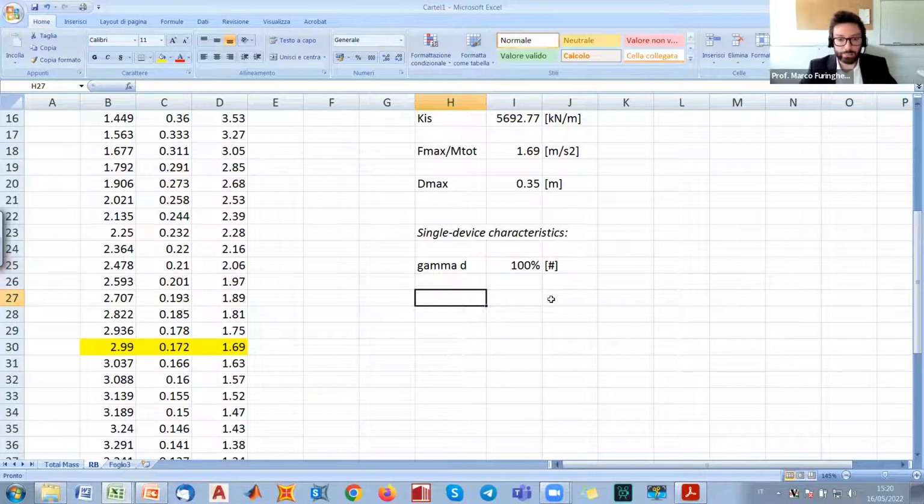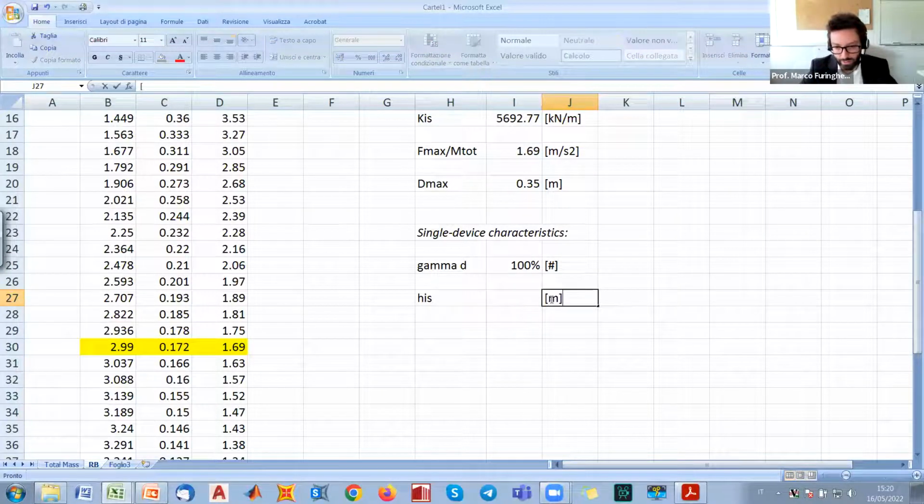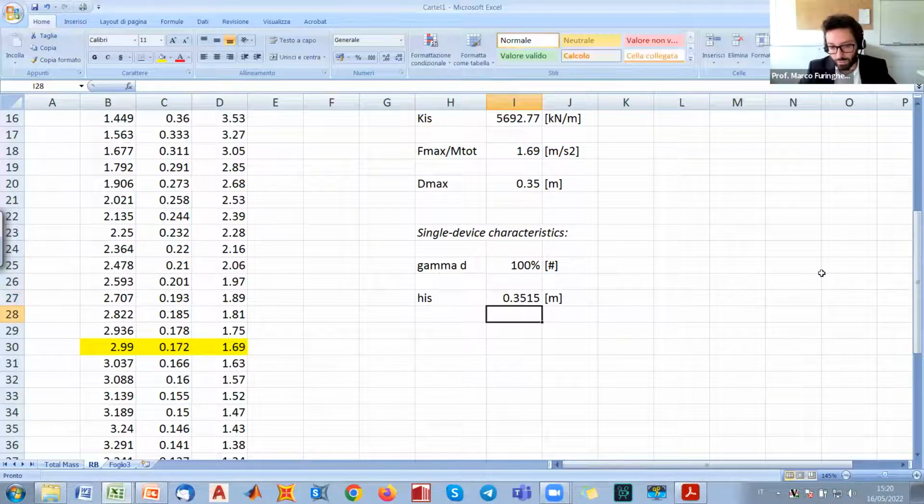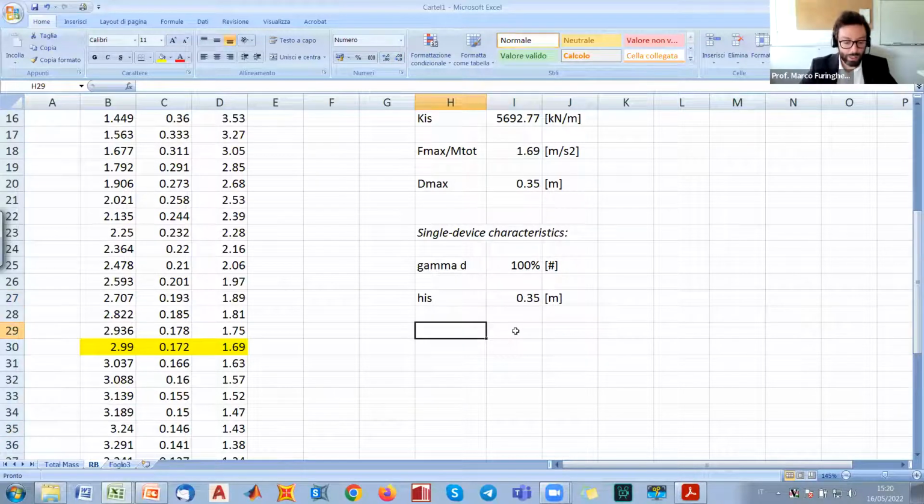So we can compute the H isolator, the height in meters, which is the maximum displacement, the spectral displacement, divided by the maximum shear strain which has been assumed. So it is exactly equal to the same amount.